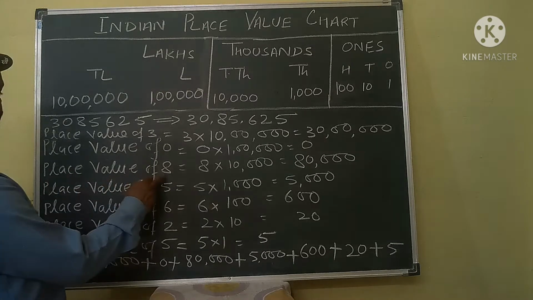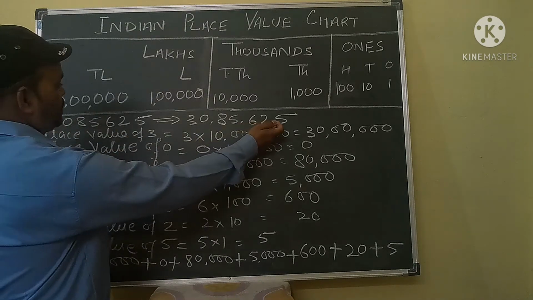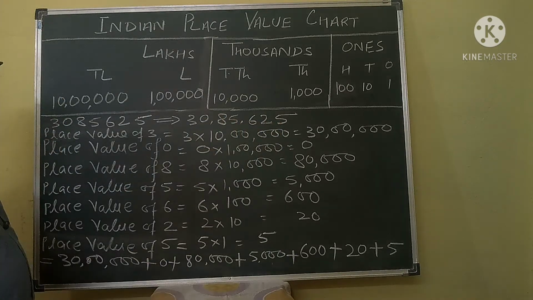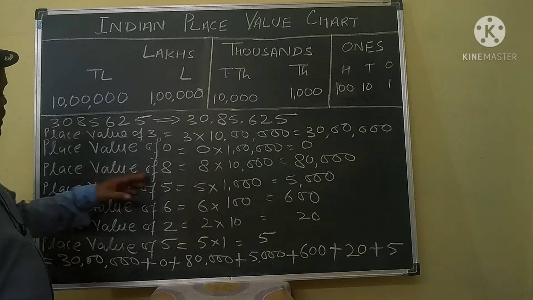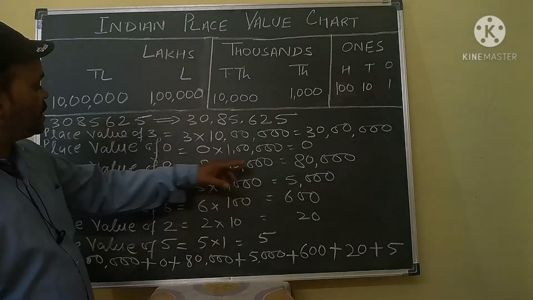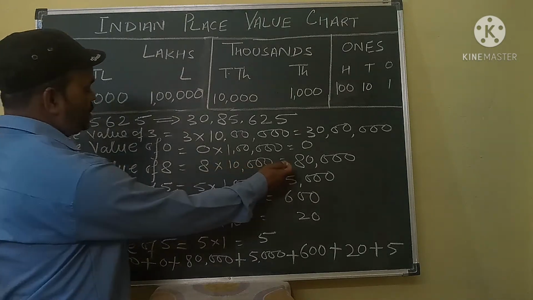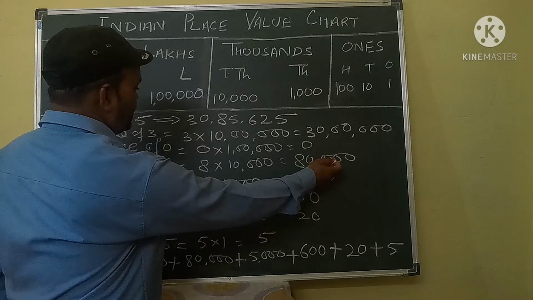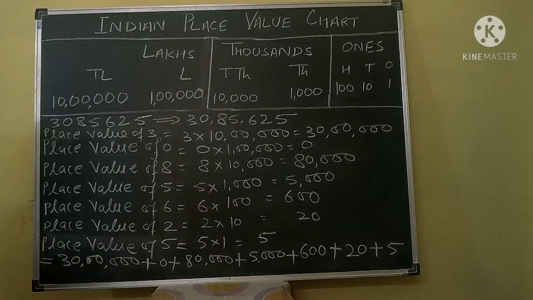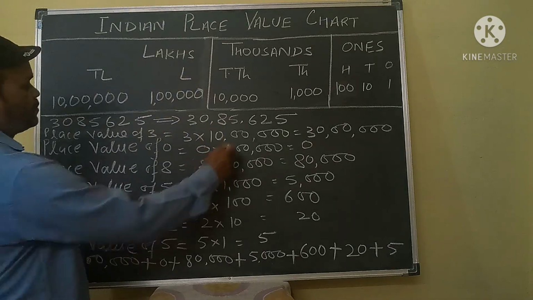Place value of 8: 8 is in which place? Ones, tens, 100, 1000, 10,000. 8 is in 10,000 place, so 8 into 10,000 will give you 80,000. Again, this 5 is in which place?